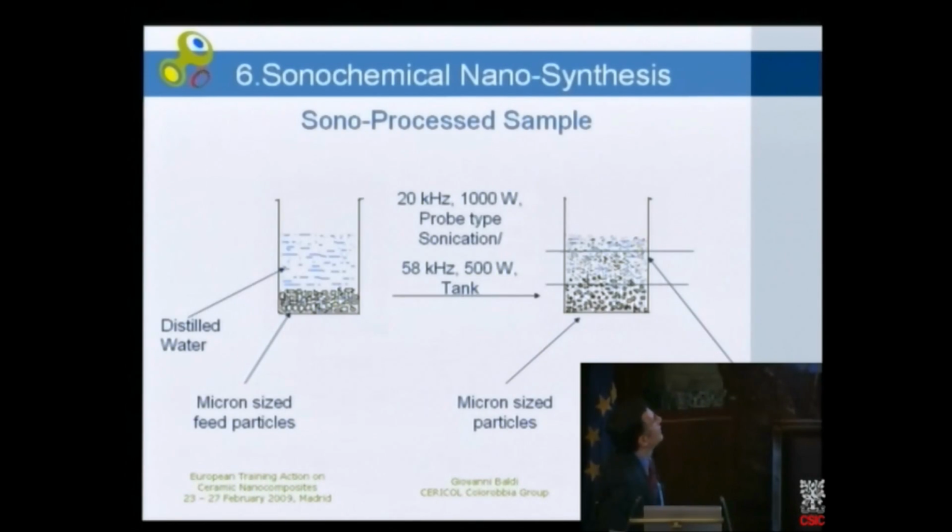This is a typical experiment in which the sample is sonoprocessed, in which we have micron-sized feed particles in distilled water, and after probe sonication, we obtain micro-sized particles settled at the bottom of the tank of the reactor, and submicron and nano-sized particles on the top.